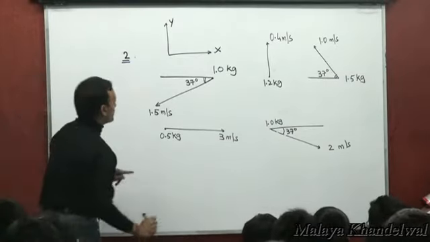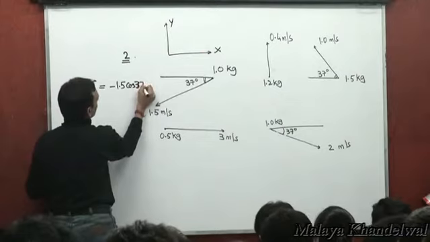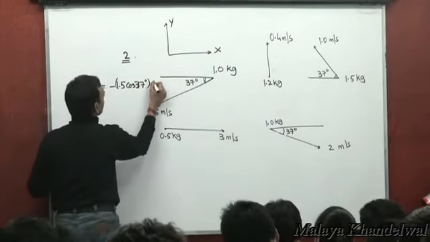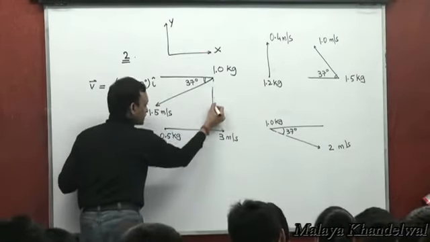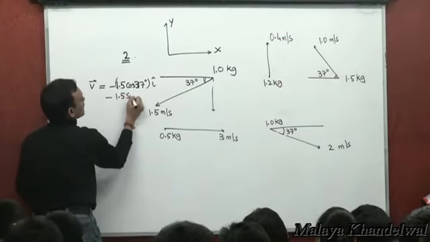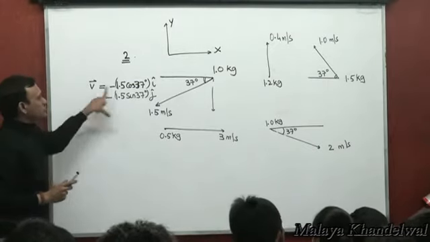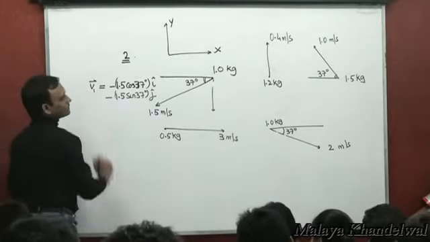The velocity vector would be minus 1.5 cos 37 degrees i cap, and then in this direction minus 1.5 sin 37 degrees j cap. Tell me. Right? That's the velocity vector for this mass v1.